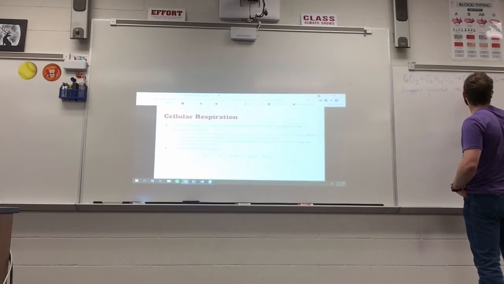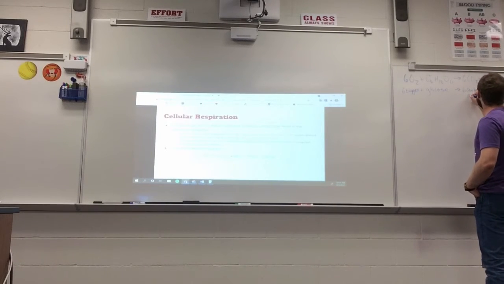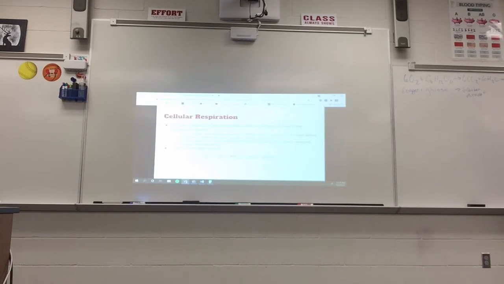So we have 6 molecules of carbon dioxide. H2O is water. So we have 6 molecules of water plus energy. So you have oxygen and glucose. You're going to break the bonds in that glucose and you're going to end up forming 6 carbon dioxides, 6 waters, and energy will be left over on that side of the equation.